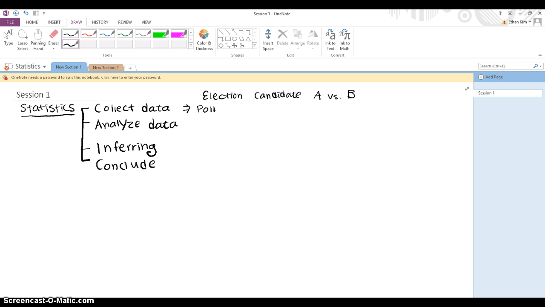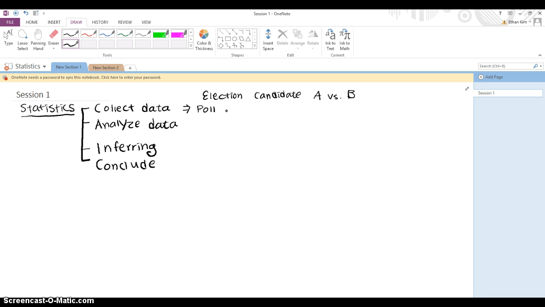Say you go to a small neighborhood and you ask everyone there. So they might ask, "Oh, are you in favor of candidate A or are you in favor of candidate B?" And the people there will answer, "Oh, I like candidate A better, or I like candidate B better," right? And that's your data right there.